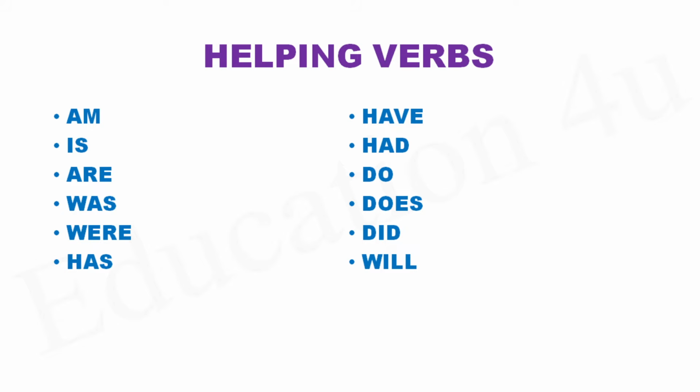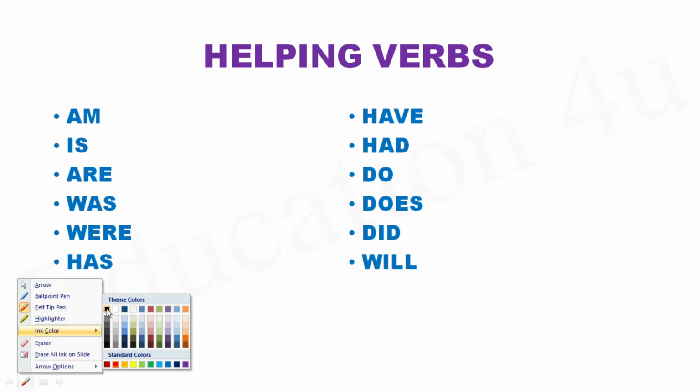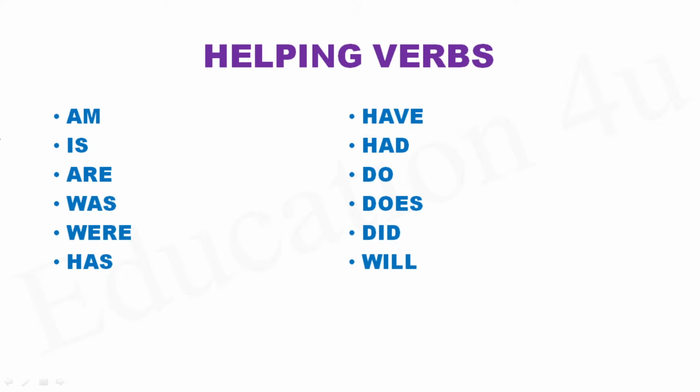See, am is one helping verb. So this is the list where the helping verbs start from here. Starting from am to will, all these are wonderful helping verbs. See, am, is, are, was, were, has, have, had, do, does, did, will. These are all wonderful helping verbs.